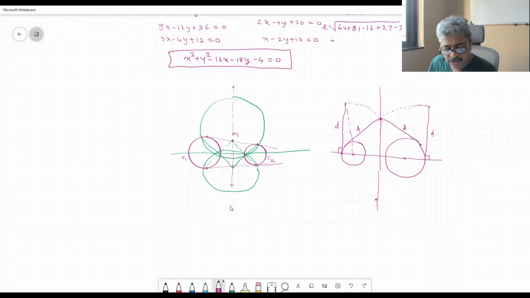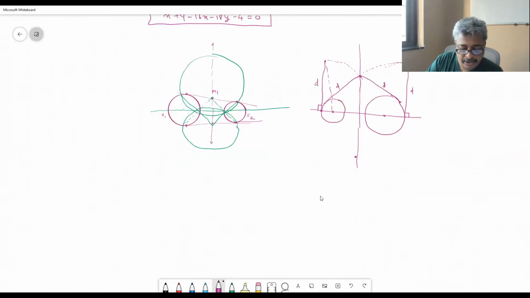Okay, I have yet another numerical problem which you should solve, and then we move ahead. Next problem.